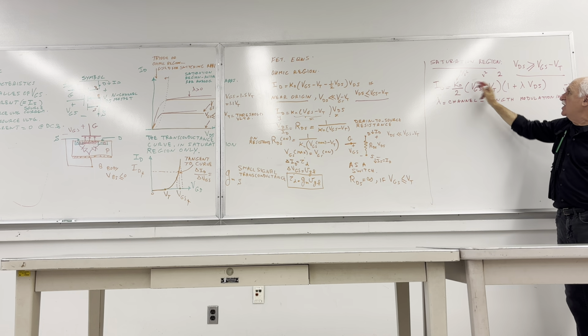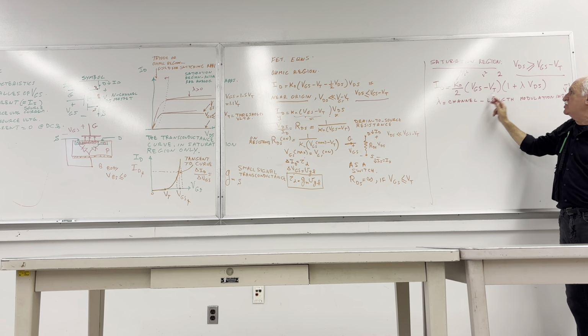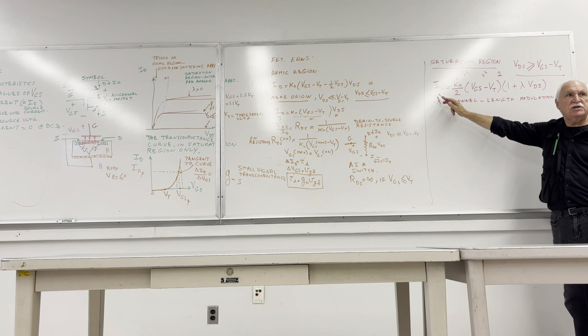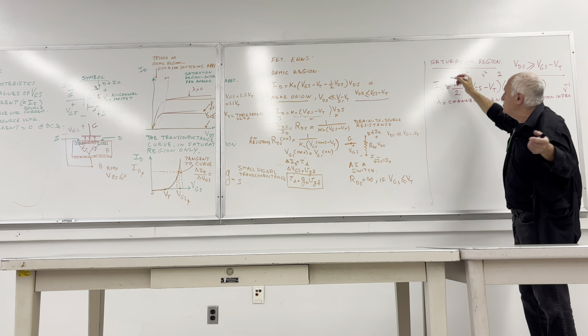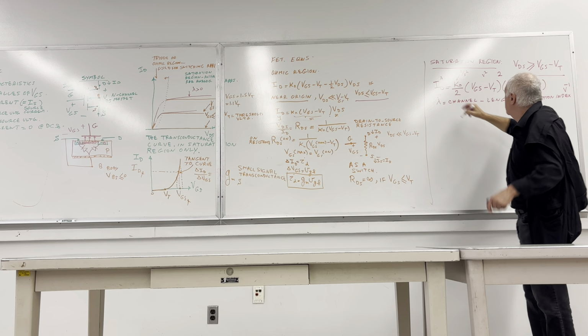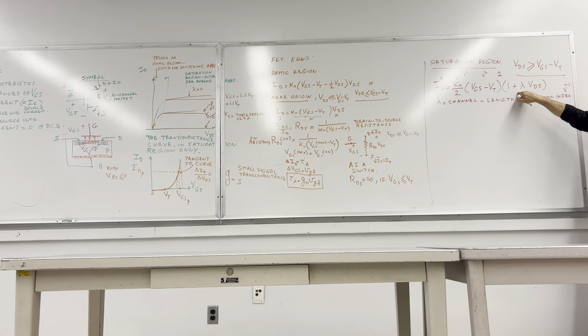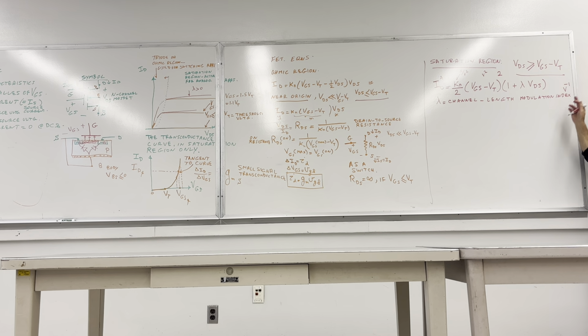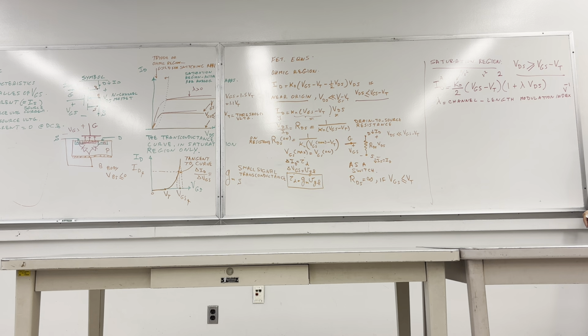When the two multiply, it becomes amperes. ID is in amperes, or milliamp, we will use it later. So this parenthesis has to be unitless, like a number. In order to make it unitless, because VDS has a unit of volt, lambda has got to be volt to the minus 1. Got it? Lambda has to be inverse of the volt.